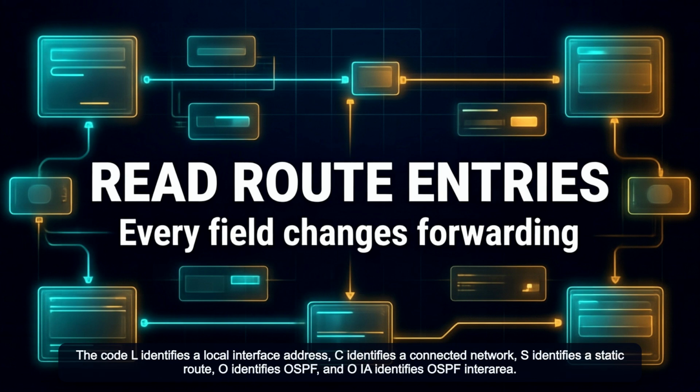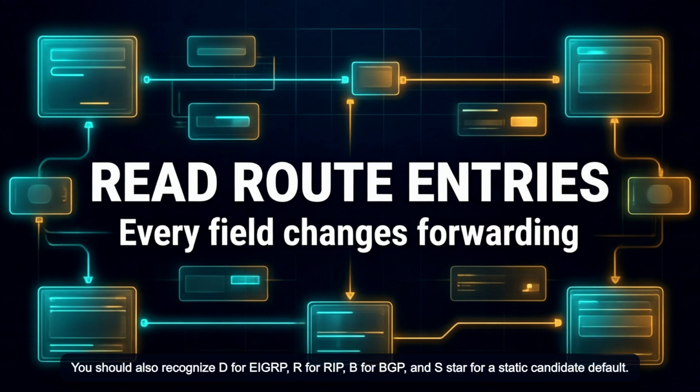The code L identifies a local interface address. C identifies a connected network. S identifies a static route. O identifies OSPF. And O IA identifies OSPF interarea. You should also recognize D for EIGRP, R for RIP, B for BGP, and S* for a static candidate default.